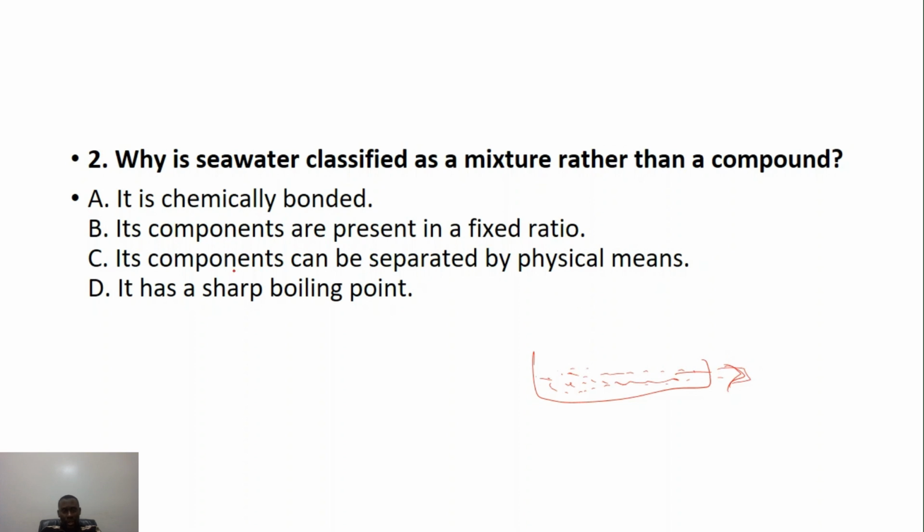And earlier, when we were talking about the physical properties of impure substances, they can be separated by physical means. They do not usually have a sharp boiling point. They usually boil at a range of temperature. So this cannot be correct.